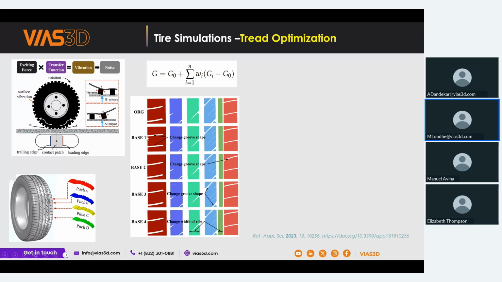Here base 1, base 2, base 3, base 4, up to g represent the base vectors. You make some modification in the tire tread patterns, and by using this equation, by the combination and using the weight functions, you can develop the new tread pattern.